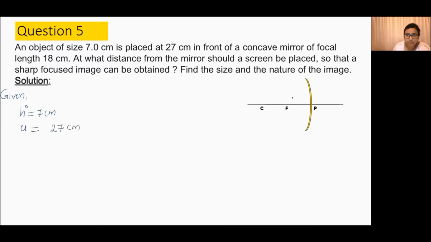So this side of the mirror, so it is taken as negative, and F is equal to 18 centimeter. So focal length here is the distance between the principal focus and the pole. So this is also taken as negative. So F is negative, and we need to calculate the image distance, magnification, and the height of the image.